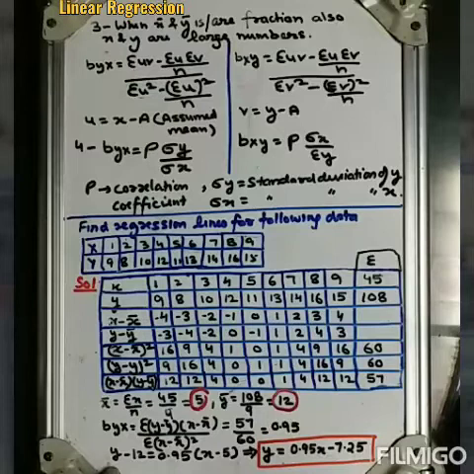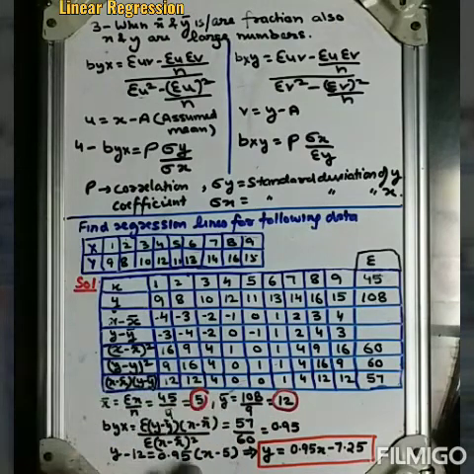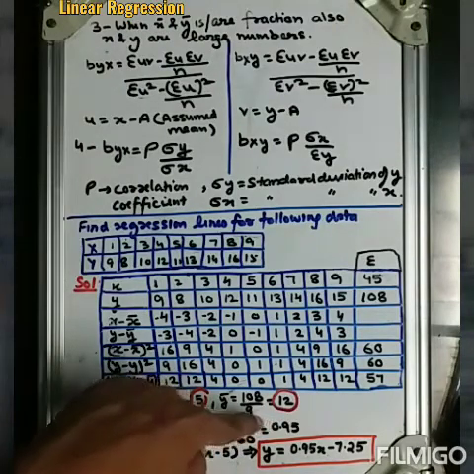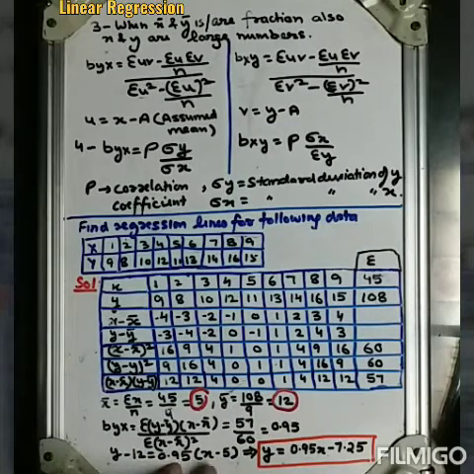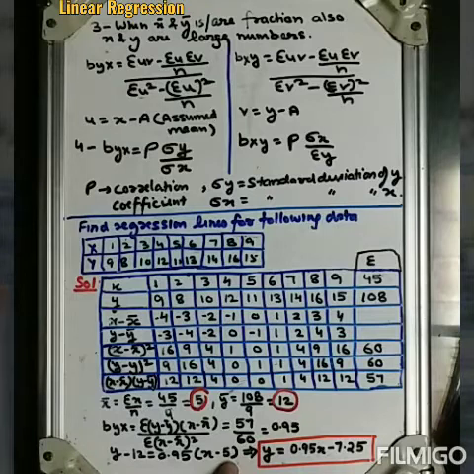So what is the formula of the equation of the regression line? It is y minus y mean is equal to byx into x minus x mean. Y minus y mean, 12, is equal to byx, which we have taken out as 0.95, into x minus x mean, 5. Now we have to solve it.